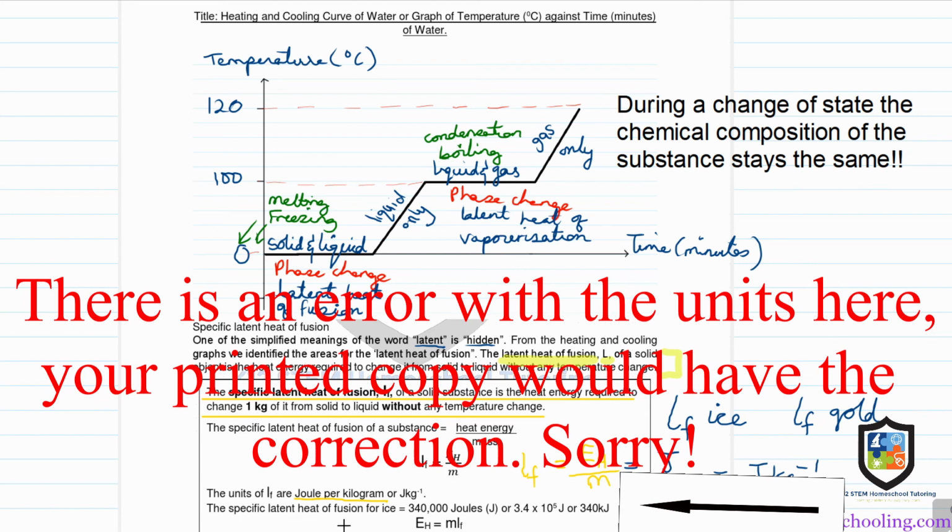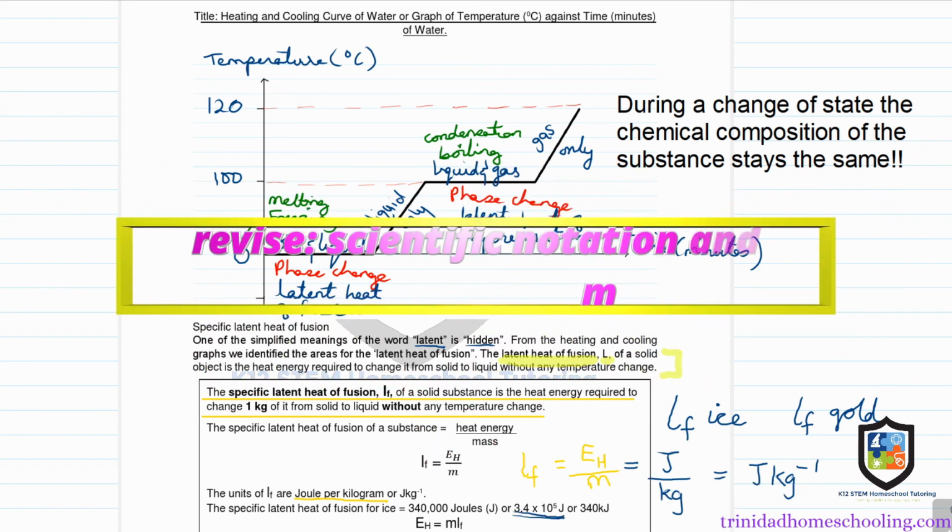The specific latent heat of fusion for ice is 340,000 joules per kilogram, or in scientific notation, it's 3.4 x 10 to the power of 5 joules per kilogram. Or if we convert it to kilojoules by dividing by 1,000, it's 340 kilojoules per kilogram. So these are the ways we could express these large values, and converting large numbers to scientific notation, or standard form, is a lesson that you should have done in Form 1.